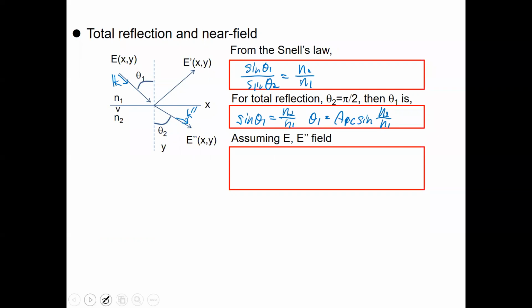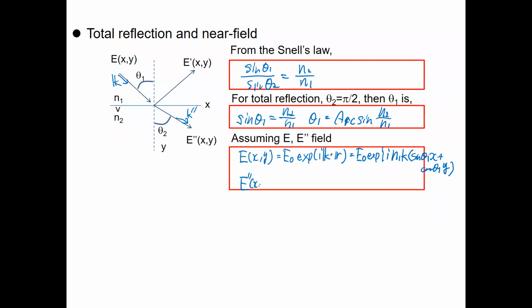Then you can write E of x, y equals E0 exponential i k, neglecting the time dependence, n1 k, which is the wave vector in vacuum, times sine theta 1 x plus cosine theta 1 y.